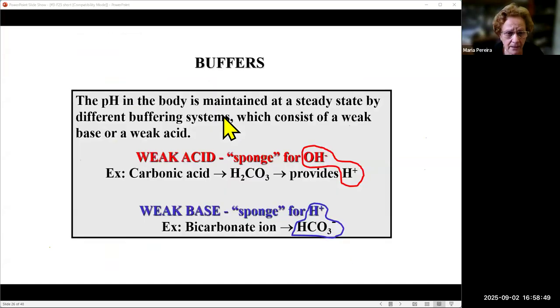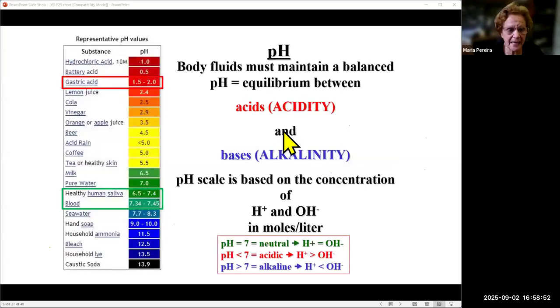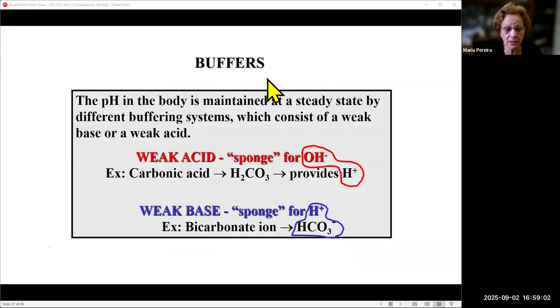Okay. So to maintain these specific pHs, especially in the blood, where the pH has to be neutral, there are molecules that are known as buffers. What are buffers? Buffers are molecules that are used to maintain the pH of a fluid, of an environment.